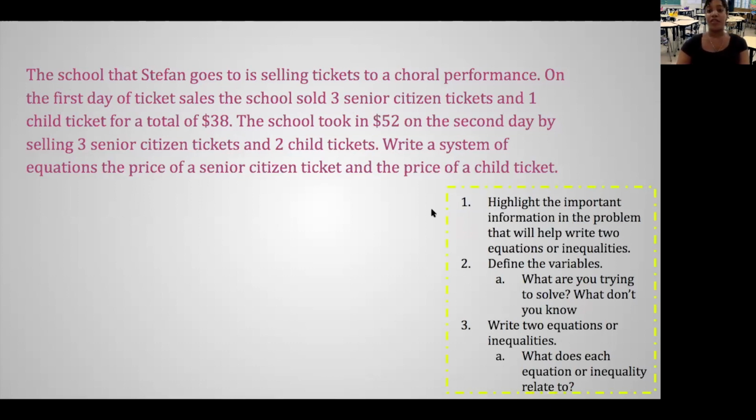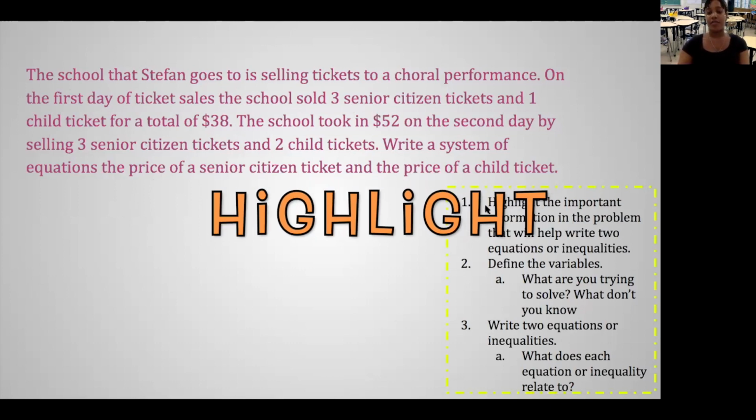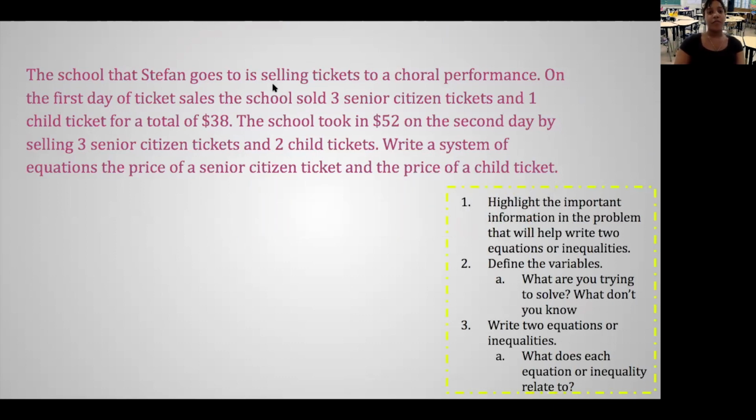So first things first, we're highlighting the important information. So we know that information is important when it relates to the problem of selling tickets. So we know the first day, the school sold 3 senior citizen tickets and 1 child ticket, and altogether that cost $38. The second day was $52, 3 senior citizen tickets and 2 child tickets.